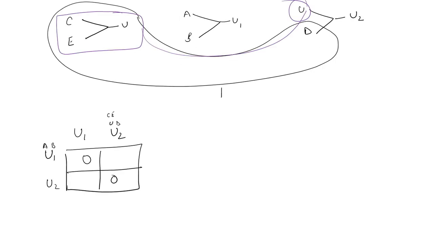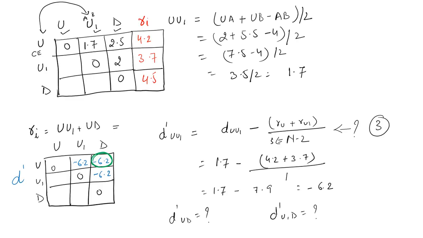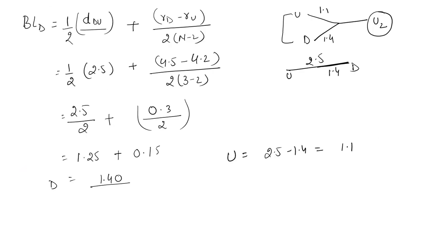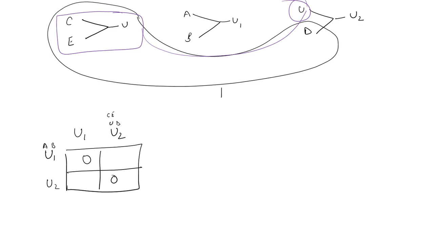So the same formula you will use. What will you do here? We have to calculate U to U1, that is UU1 plus DU1 minus U1U2, divided by 2.